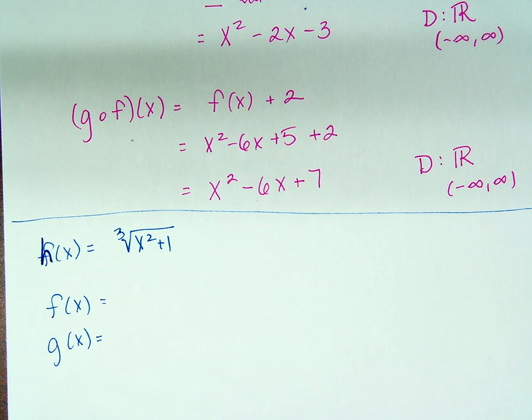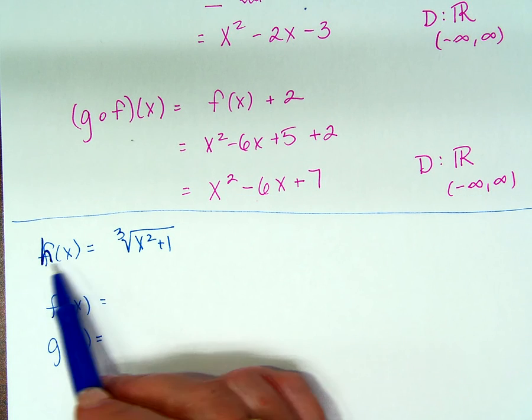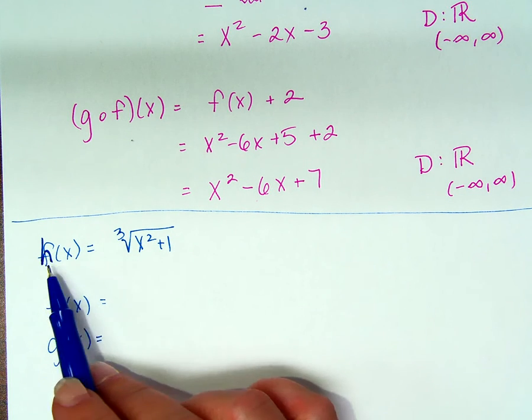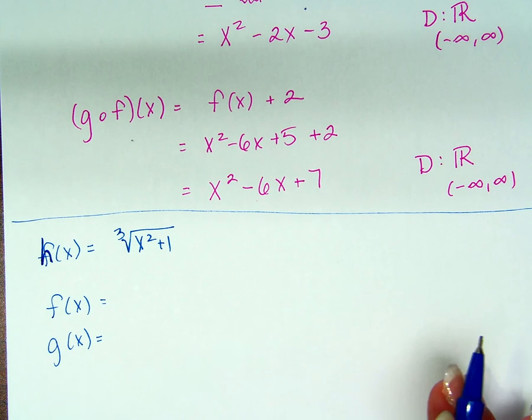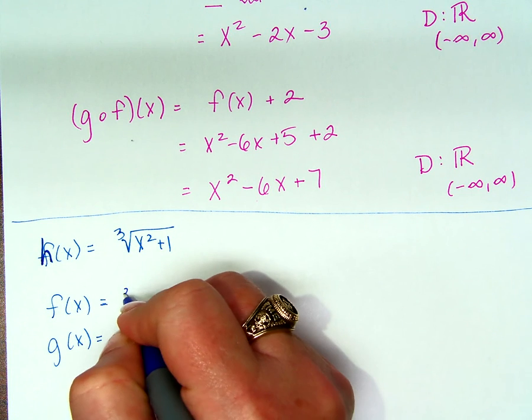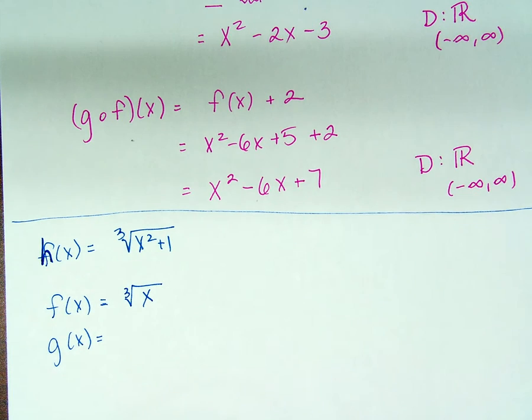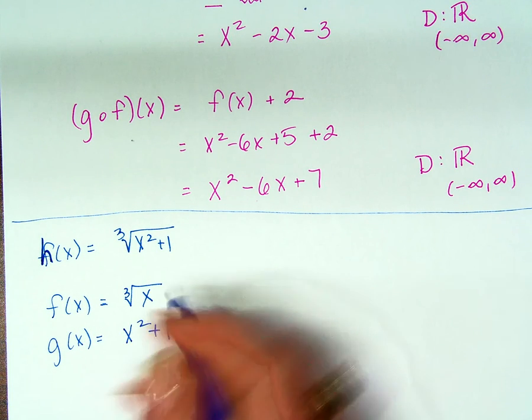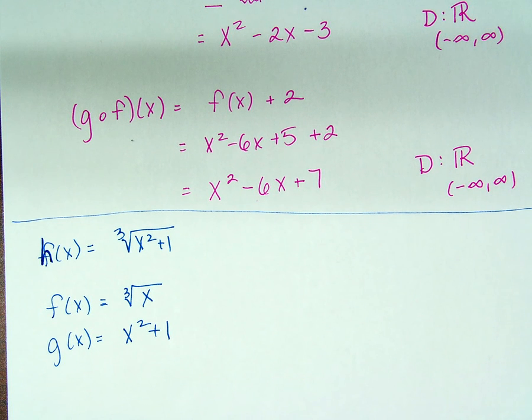What could we come up with for f of x and g of x to say that this is f of g of x? The h of x is f of g of x. It could be that f of x is the cube root of x, and g of x could be x squared plus 1, right?